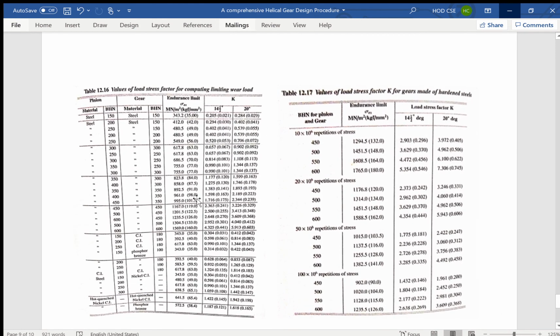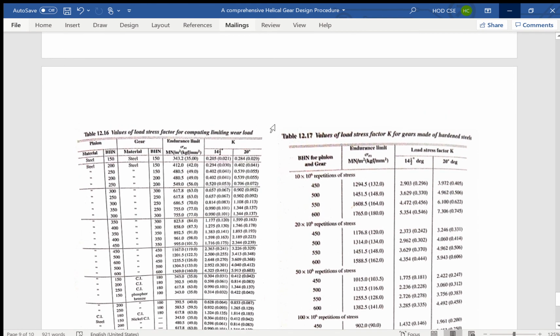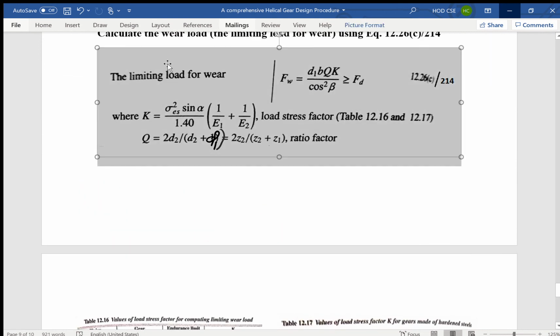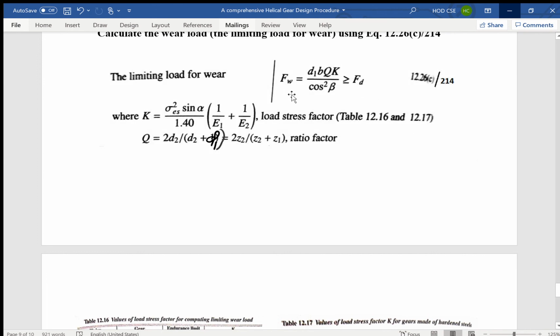In order to find out BHN, we need to refer to table 12.16 or table 12.17. You can also find out K values here. This K. So you know that for the safe design, FW must be greater than or equal to FD.